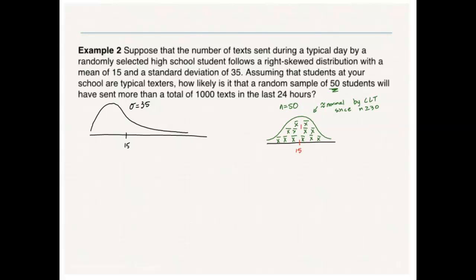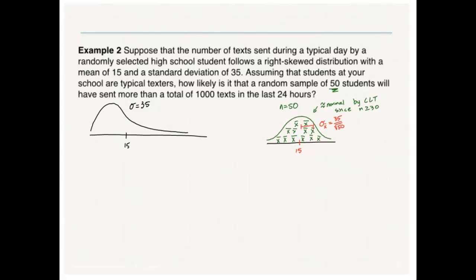And I know that the standard deviation can be found by doing population standard deviation, so 35 divided by the square root of my sample size, root 50. All right, so I can then make probability calculations based on that sampling distribution for the averages of 50 students.